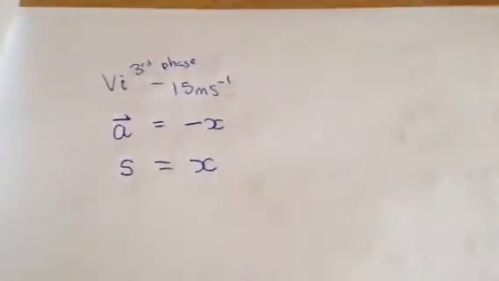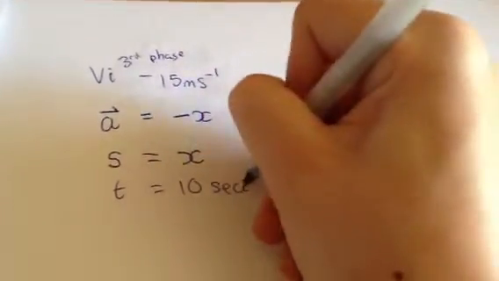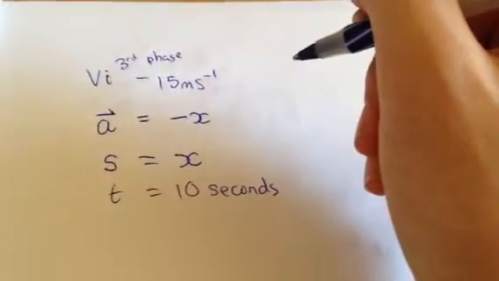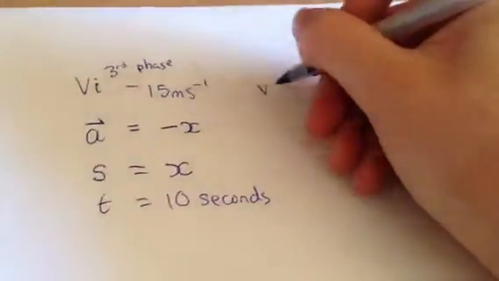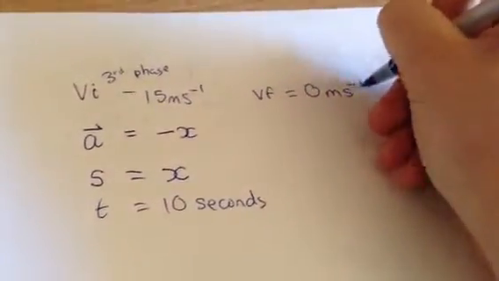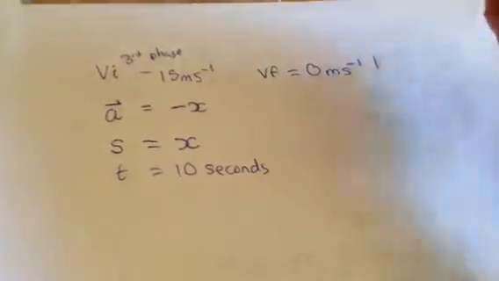We obviously know time is 10 seconds as well. So using this kind of logic, we need to work out what formula is best to use, and we can add another thing, which is final velocity being 0 meters per second, because of course we're coming to rest.